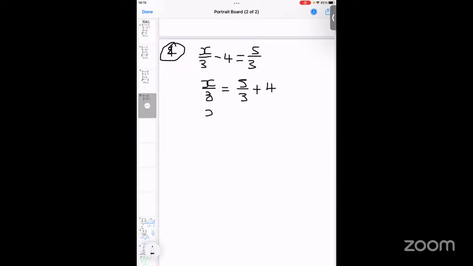So I will be having x over 3, which is equal to, then when you punch that on your calculator, what are you getting there, Manahil? Sir, I got 17 over 3. 17 over 3. Okay, then it's fine.